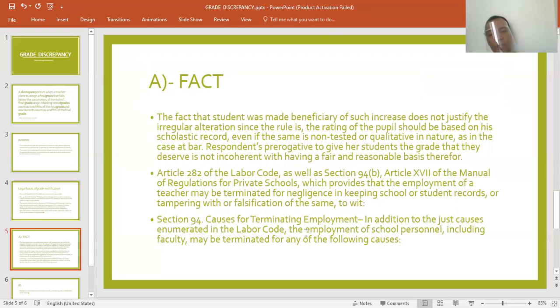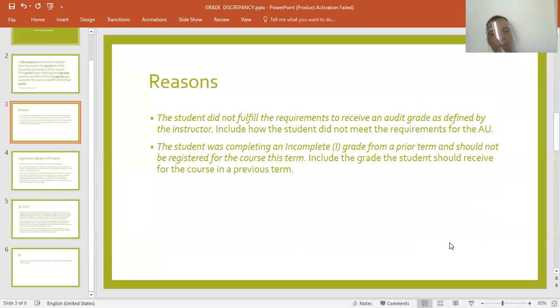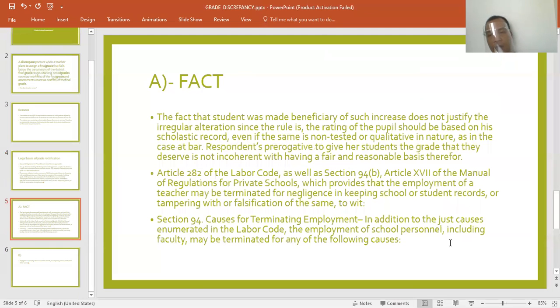Respondents' prerogative to give her students the grade that they deserve is not incoherent with having a fair and reasonable basis thereof.